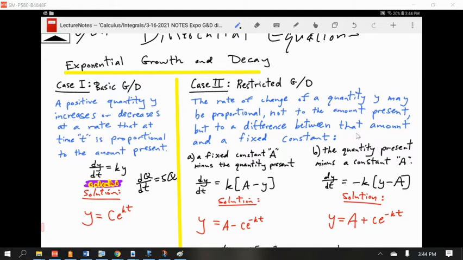So the rate of change of Dairy Queen is 5 times the amount of Dairy Queen. That's 5Q. So what does that mean? That would mean that Q would equal Ce to the 5t, where 5 is k.